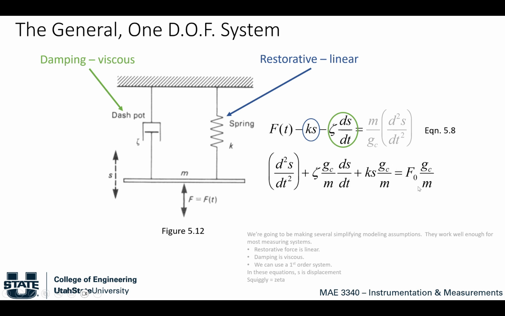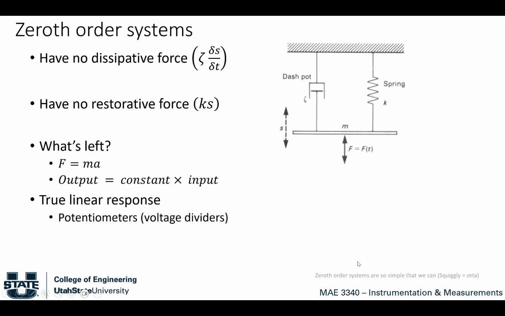We can rearrange this in a couple of different ways, but we're going to take a few different approaches to simplifying this model and make it work well enough for the measurements that we're going to be taking. So we're going to assume that the restorative force is linear, damping is viscous, and we can use it as a first order degree of freedom.